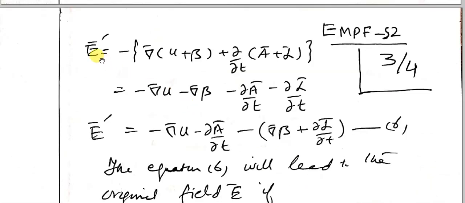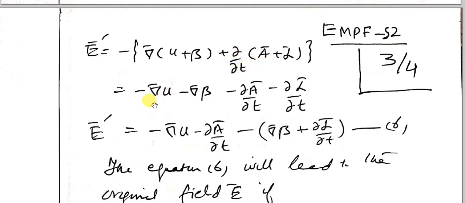So putting that into the E prime new field, we suppose that after the change in the potential, we have E as -∇U plus β gradient of that. We are putting the value of U over here, U plus U prime, which is U plus β, and ∂/∂t of A plus α.